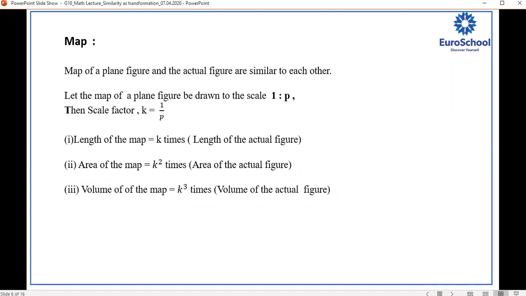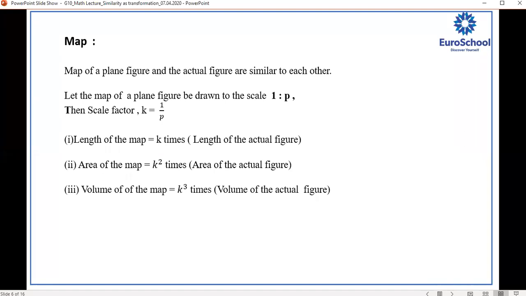Volume is a 3D object, so here when we talk about volume, we are talking about a three-dimensional figure. The map is always 2D, but when they say the volume on the map, it means whatever is showing there on the map, the volume of that particular thing is this, and you have to find what it is in actual.